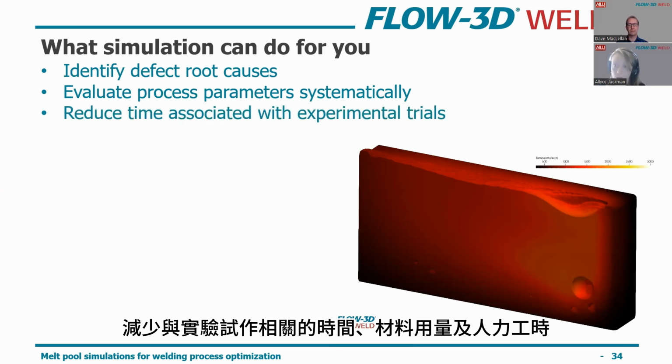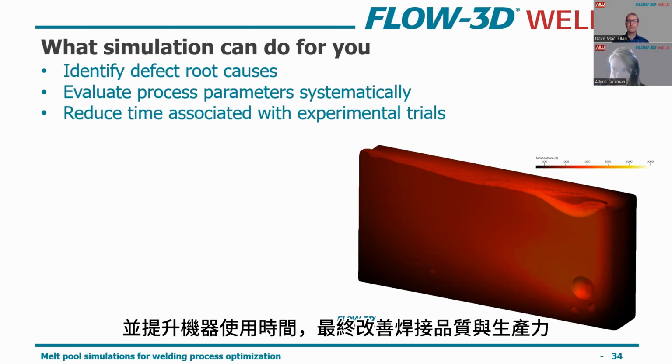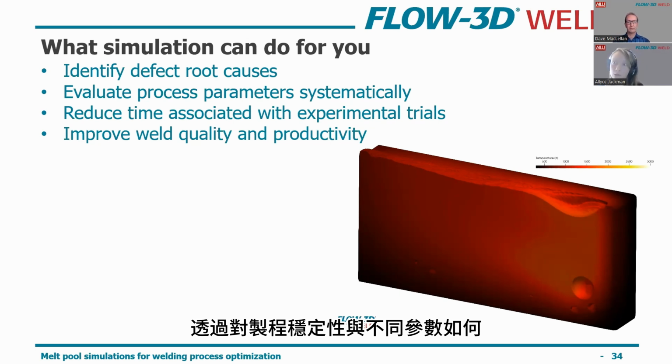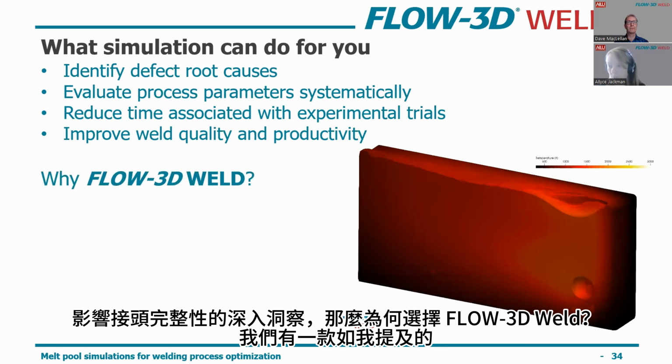That's going to naturally reduce the time associated with experimental trials, the amount of material used, the man hours used, the machine time used, and ultimately improve the weld quality, improve the productivity through having these deeper insights about process stability and how different parameters are influencing the joint integrity.